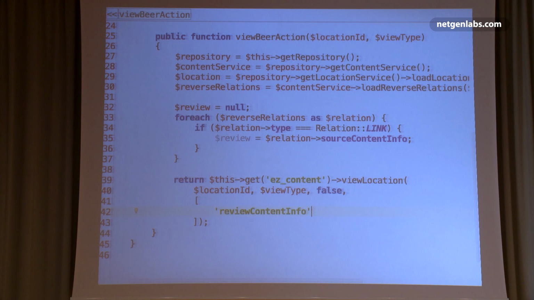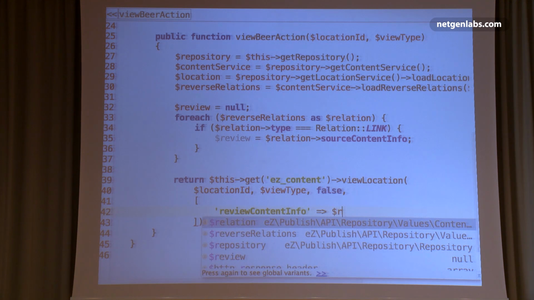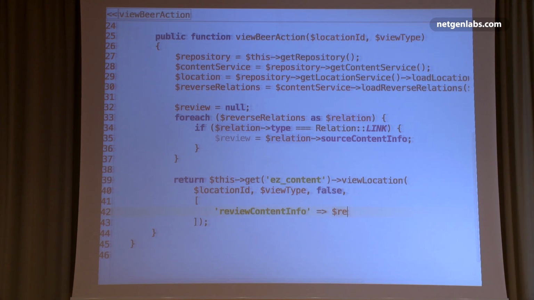Right, that will be the twig variable name. And yeah, just no review. It might be null. So it should be okay. Actually, no, it's good. I think we should be good.